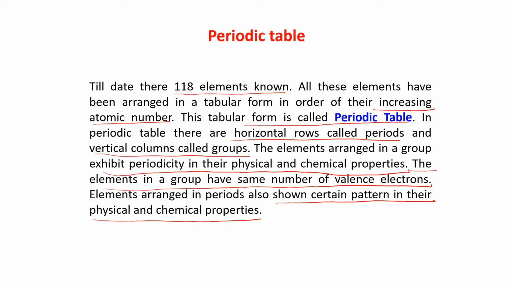In the group, the elements are having the same number of valence electrons, and that is why the valence electrons are responsible for their physical and chemical properties. So the elements arranged in a particular group are showing same type of physical and chemical properties. Okay, in the periods also the elements are showing certain pattern in their physical and chemical properties.